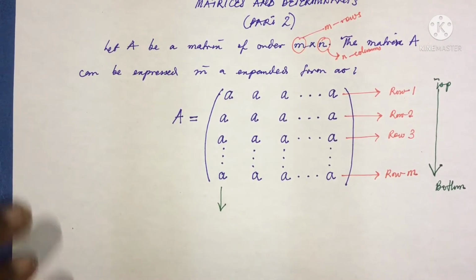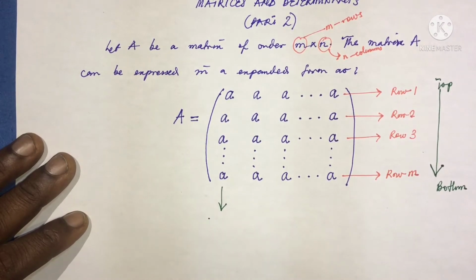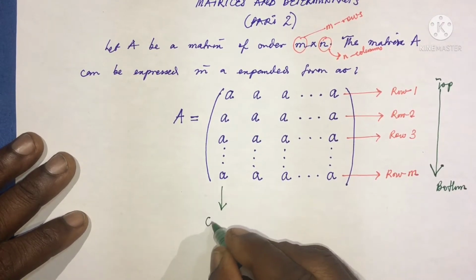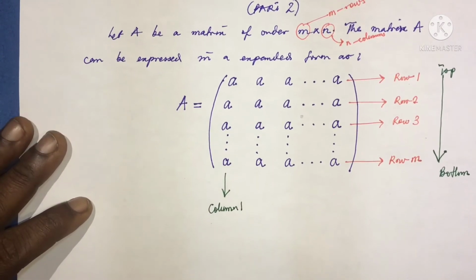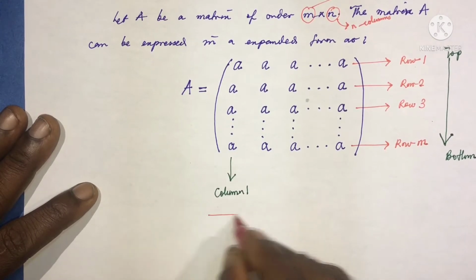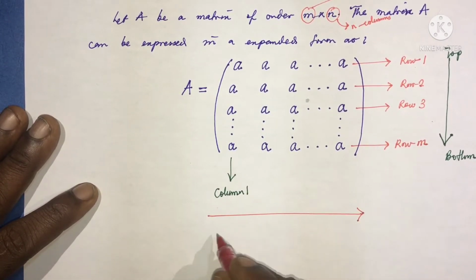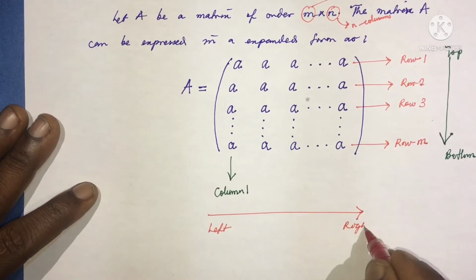Now, on the other hand, you have these to be columns, okay? These are columns. So the first column is column 1. Why? That is because columns go from left to right, okay?